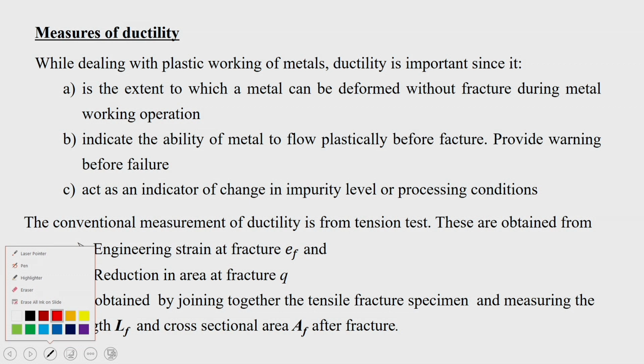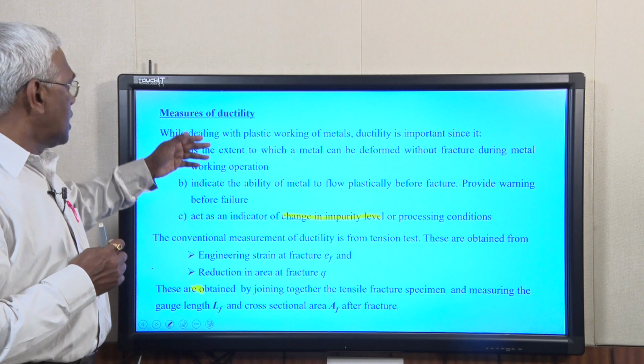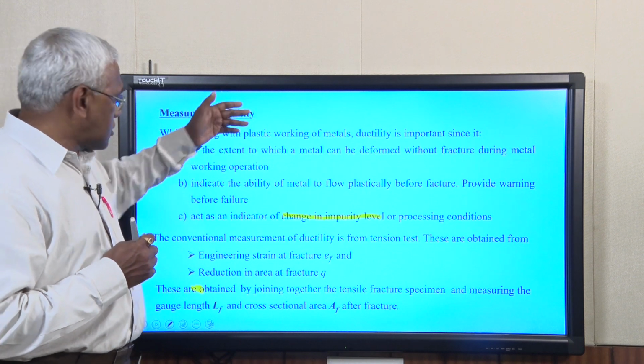These advantages are there, and it also acts as an indicator for change in the impurity level or processing condition, something which is important for the metallurgist. But as mechanical engineers, these are the two advantages we can have if we know about the ductility. So, about the material ductility, how to measure it?